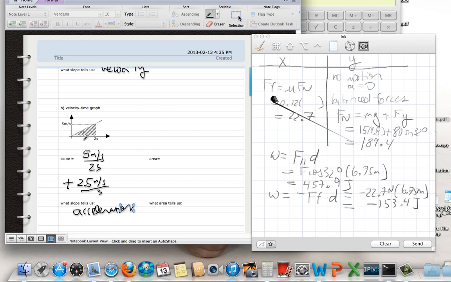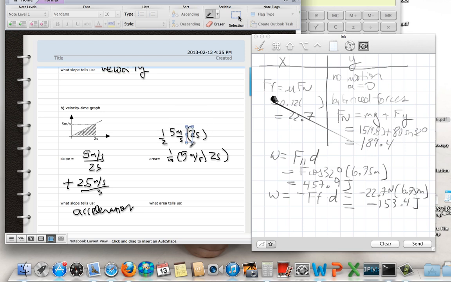If you find the area, then that's going to be a half base times height. If you look at the dimensions that you get there, so that's a half times 5 meters per second times 2 seconds. Let me try writing it up here. Half times 5 meters per second times 2 seconds.